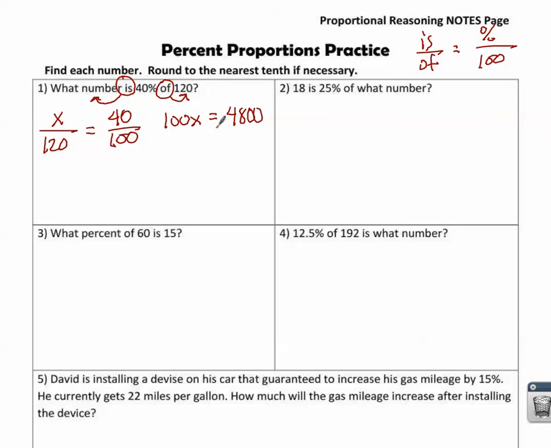I have a one-step equation, so I solve. So 48 is 40% of 120.